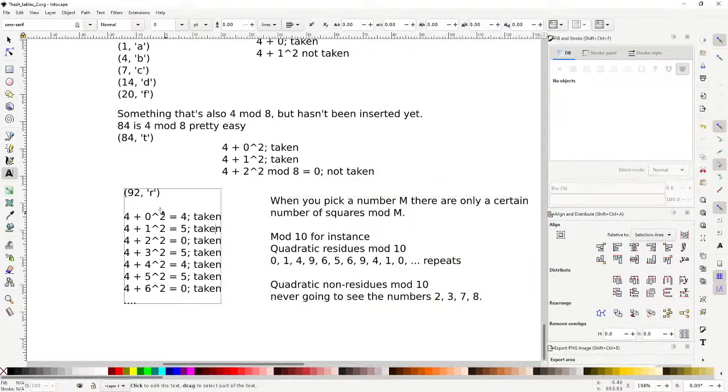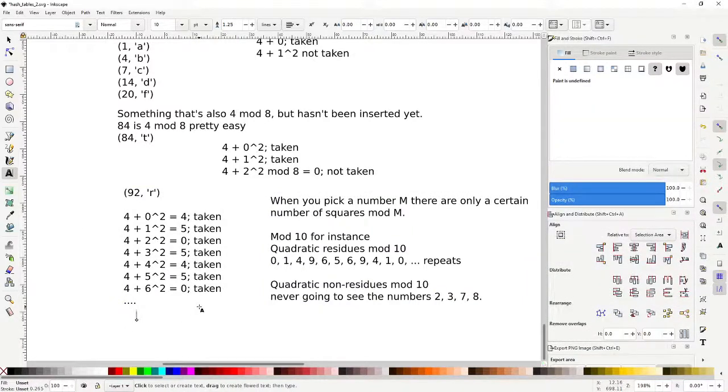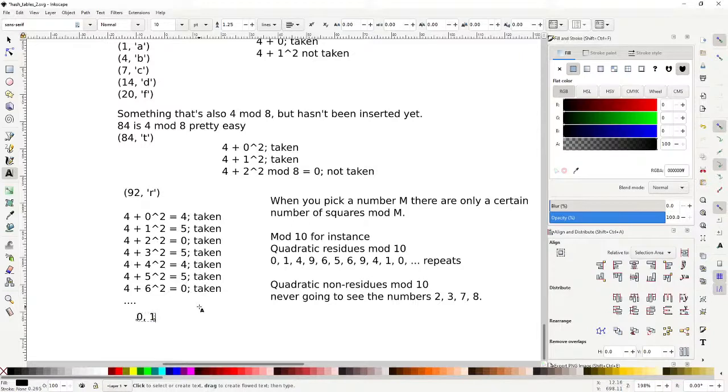Or for instance here, actually it's even worse, because mod 8 it's never going to be able to hit much. The only quadratic residues mod 8 seem to be, what? 0, 1, and then 2 squared is 4, 3 squared is 9, which is 1, and then 4 squared is 0, 5 squared is 1 again, 6 squared is 36, which is 4 again. 7 squared, the last one we really have to consider, is 49, and 48, so it's 1 again.